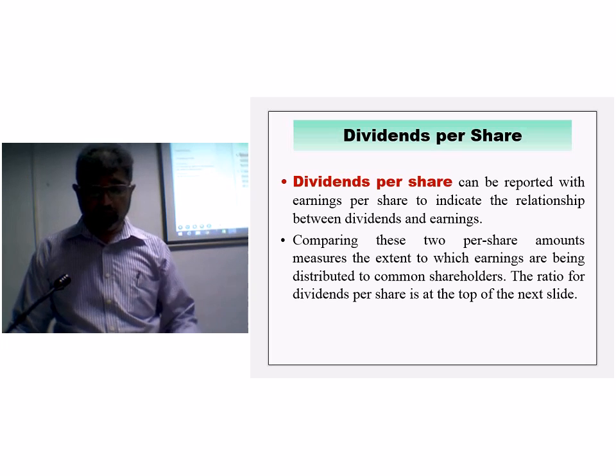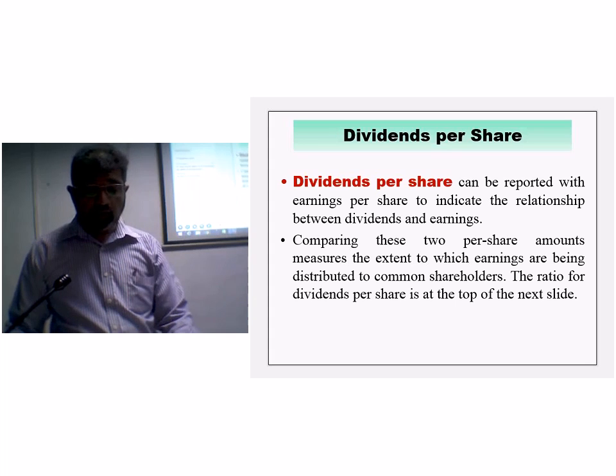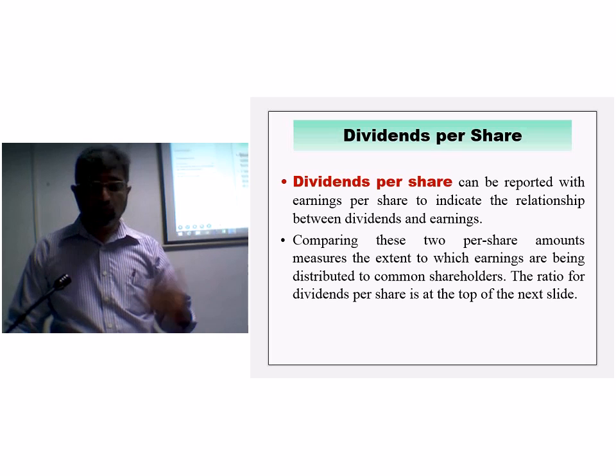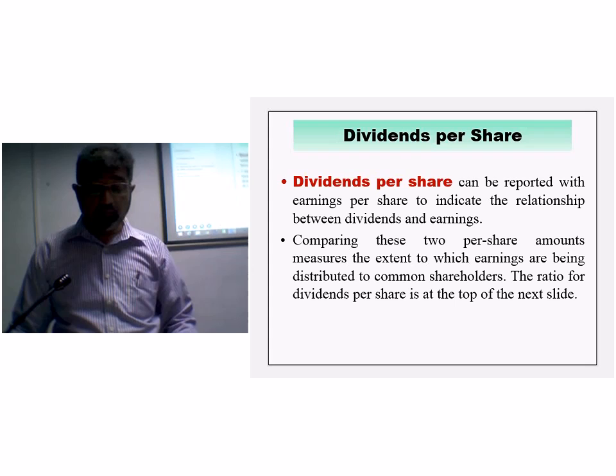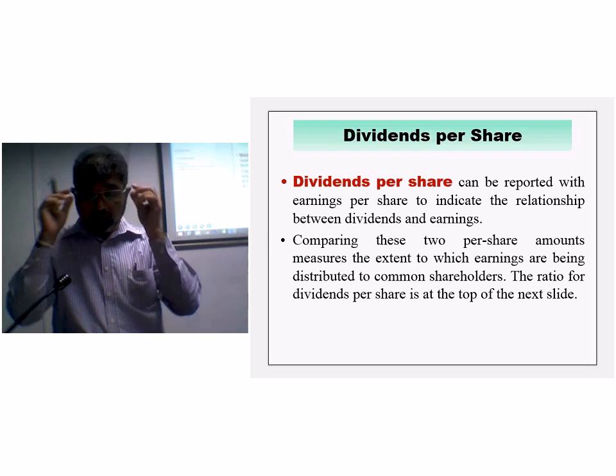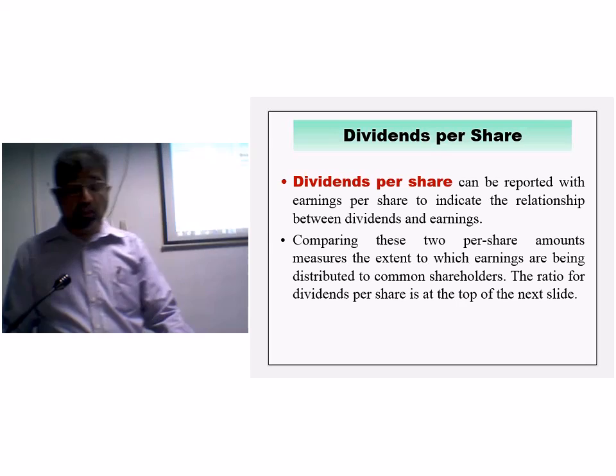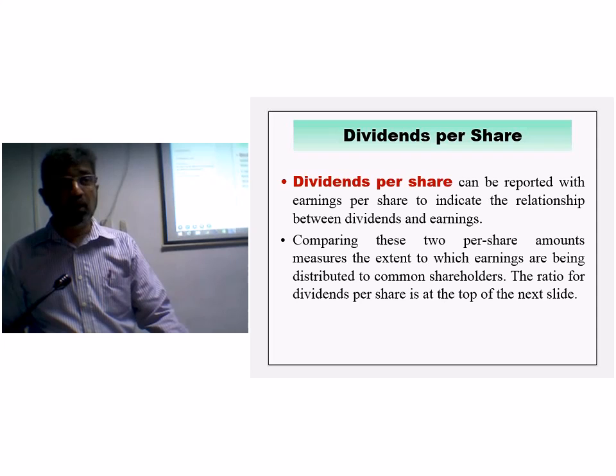Out of those earnings, they can pay a portion or the total amount, or the management or the board of directors can decide their ratio, whether they are reserving 50% for the expansion of the business or another 50% for the shareholders.